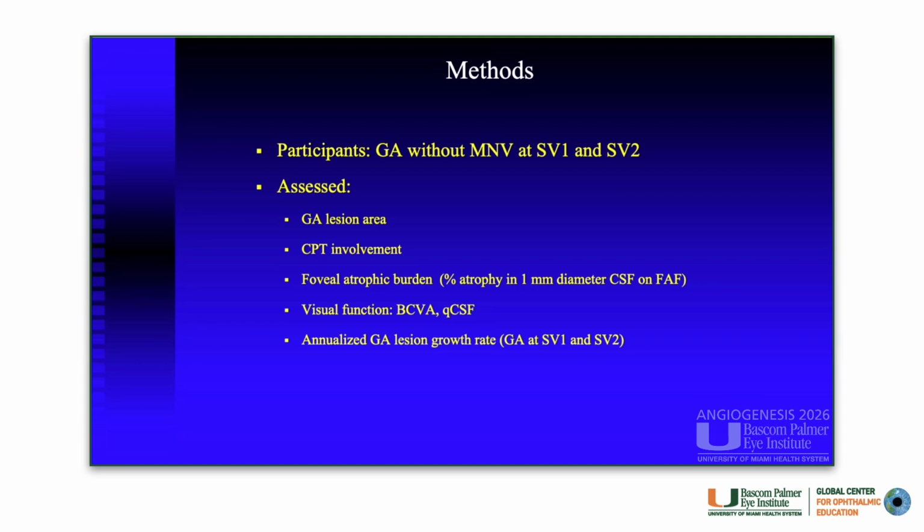And these were analyses that we did at the Duke Reading Center. In addition, the visual function was assessed, the best corrected visual acuity and the quantitative contrast sensitivity function. And an annualized GA lesion growth rate was determined using the geographic atrophy area at screening visit 1 and at screening visit 2.